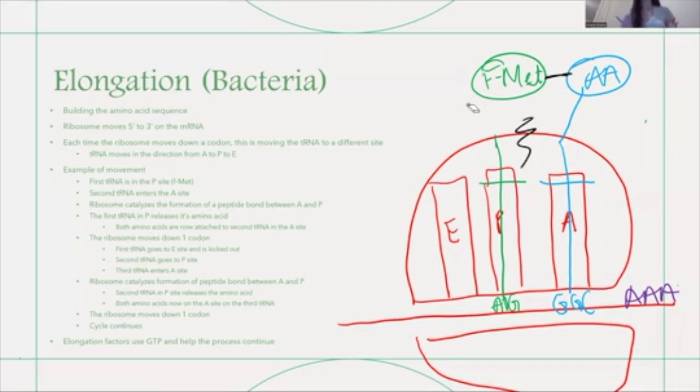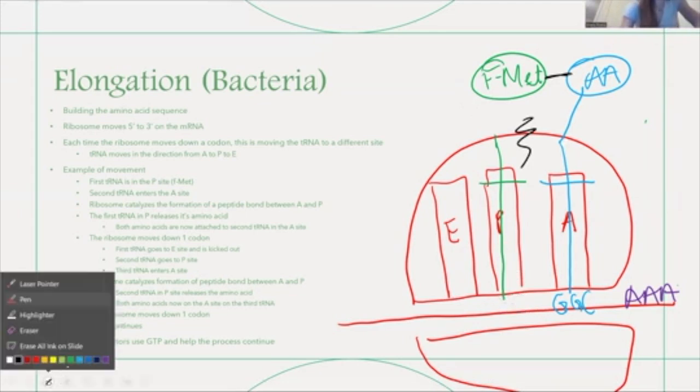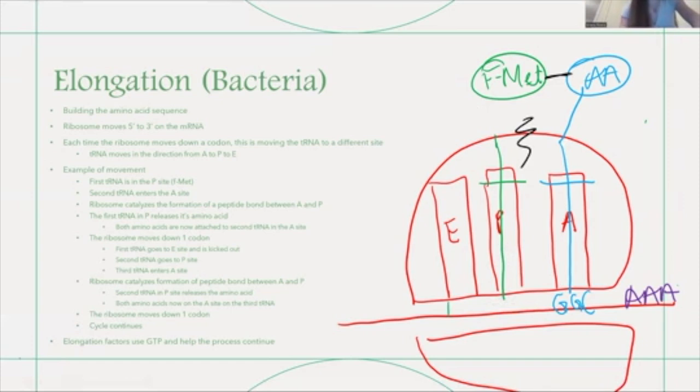So once this happens, now everything is going to move down one unit. And instead of actually moving my ribosome down one unit, I'm just going to pull my mRNA one codon to the side. So for example, my AUG is going to move over 1 to be in this E site.